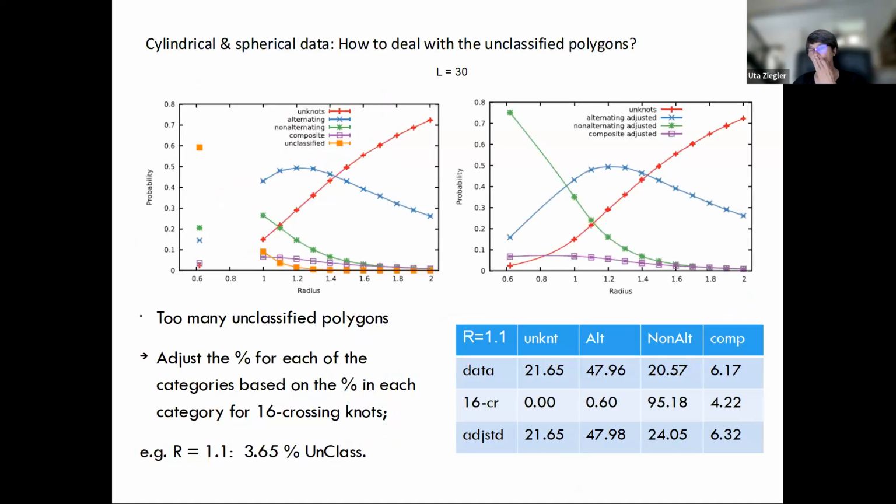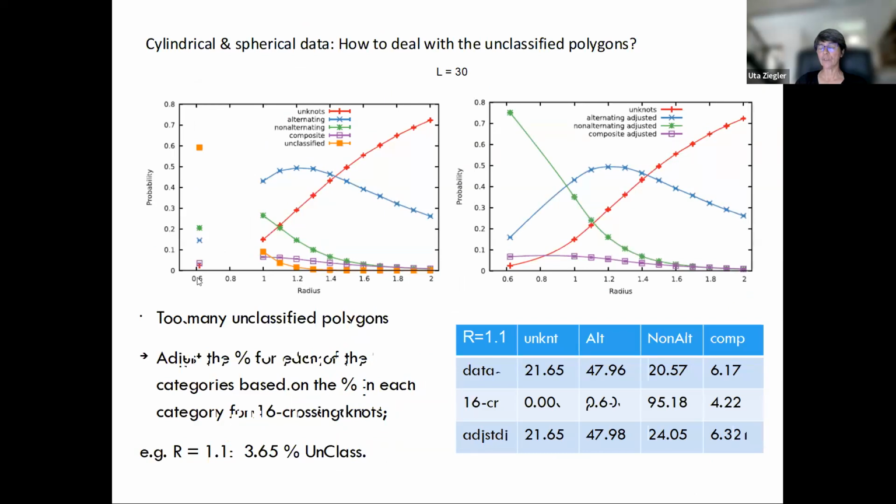Now, I mentioned before that we had to deal with the unclassified polygons. And so I want to give a little bit more detail of how we did it, because I want to then show you the adjusted pictures. So here's a picture which has spherical polygons from radius 2 to radius 1 information.